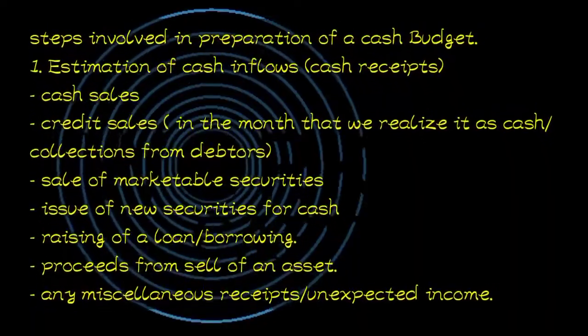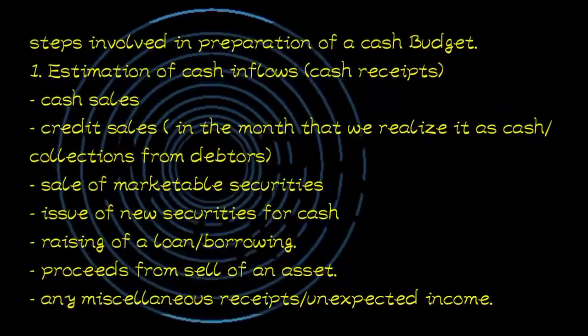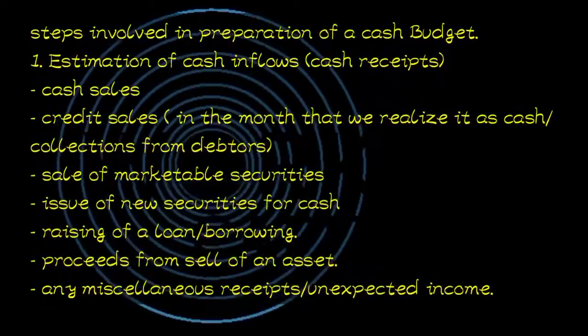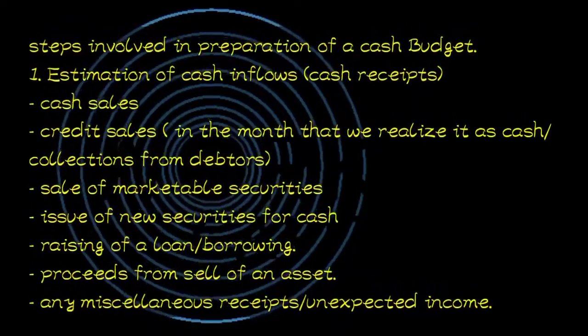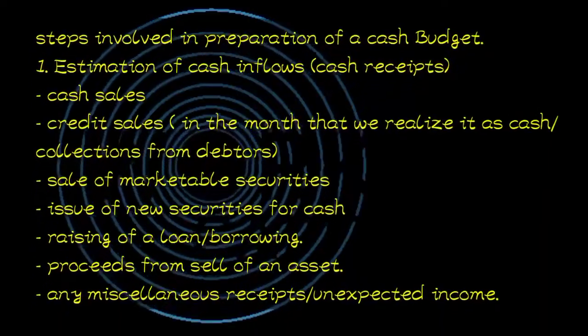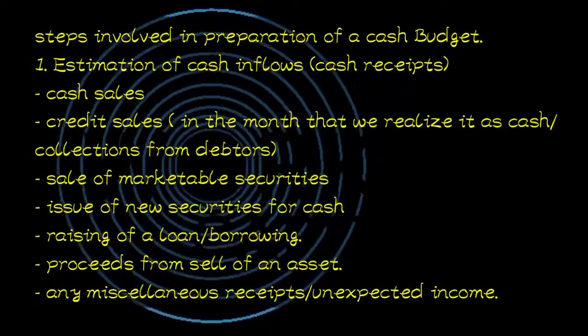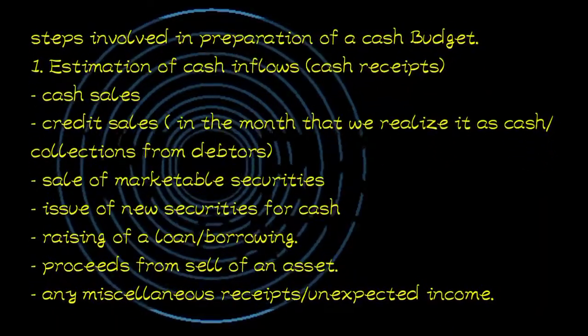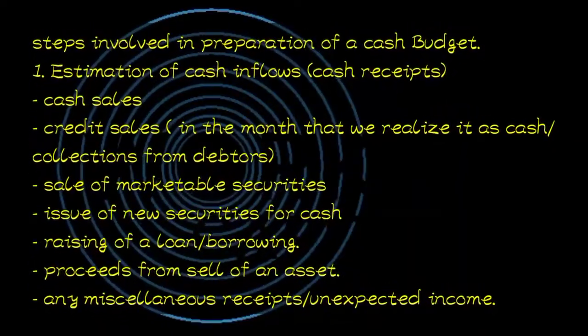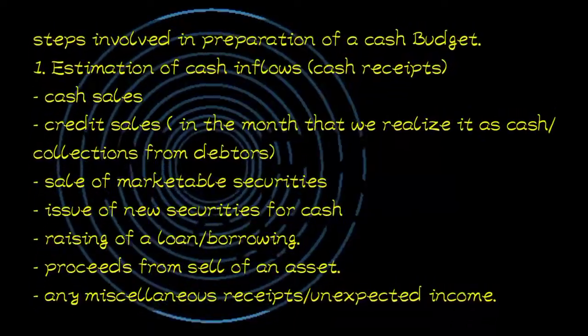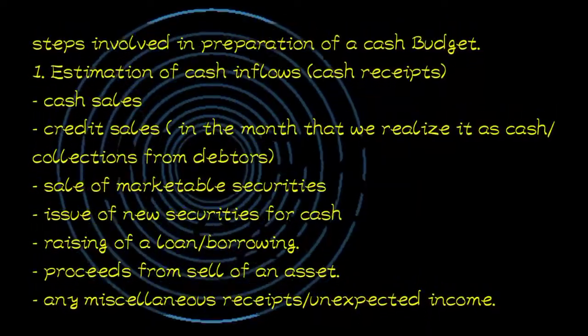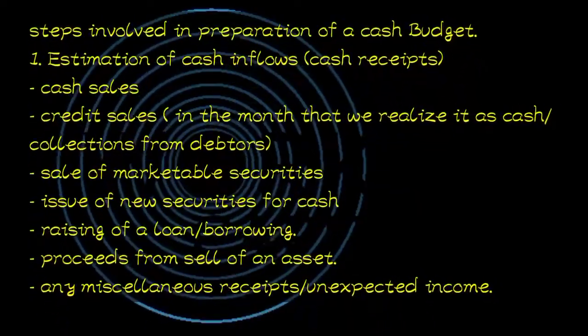Then we have sale of marketable securities like shares. Then we have issue of new securities for cash. Then raising of a loan or borrowing. We have proceeds from sale of an asset. After selling an asset, you receive cash, so we record it as an inflow. Then any miscellaneous receipts or unexpected income.